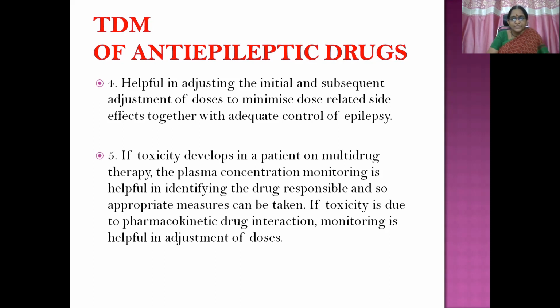Then we go for therapeutic drug monitoring: check the plasma levels, and for whichever drug the plasma level is enhanced, reduce the dose. Then the toxic manifestations will be reduced. So if toxicity is due to a pharmacokinetic drug interaction, monitoring is helpful in adjustment of doses, as we just discussed.